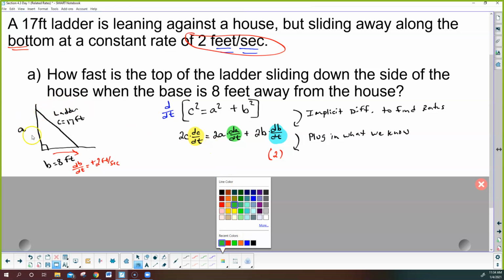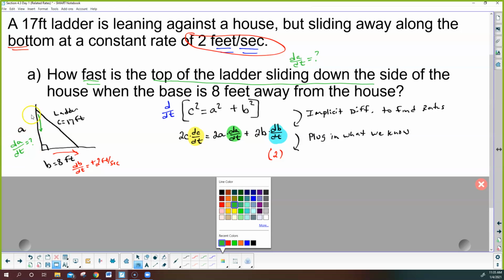I want to find how fast the top of the ladder is sliding down the house. So what they're asking us for is to find da/dt. So that's what I need to discover. Now I will say this, if the ladder is going down, what do you know about your rate?